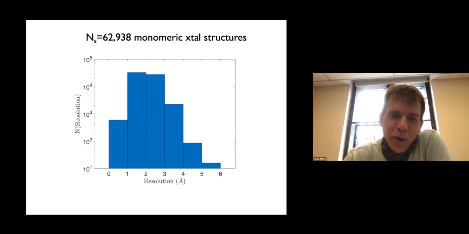The other thing we don't know, which I'm trying to emphasize more in these slides, is that all of these X-ray crystal structures I'm showing are in non-physiological environments, sometimes at very low concentration, and in almost all cases not cellular environments.